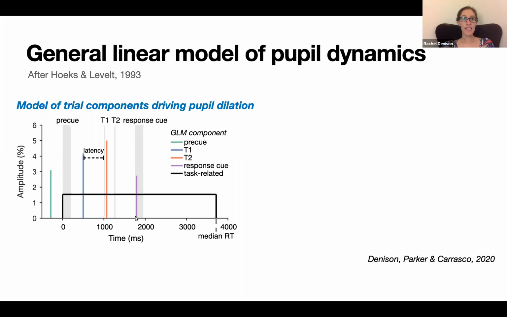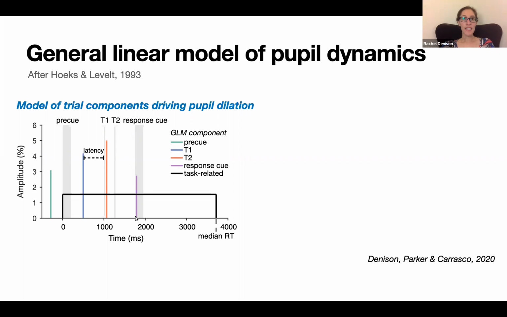So these colored lines correspond to the trial events in the model of the trial components. And then we sum these together, and that produces for us this gray dotted line. In yellow here is the actual data this particular model was fit to, kind of closely following the model prediction. And so you can see here that the model provides a very close match to the data.